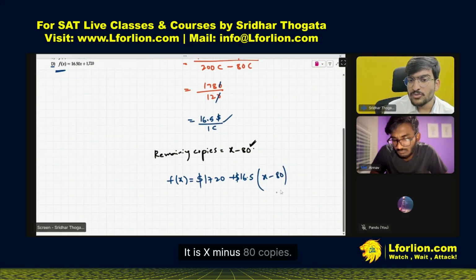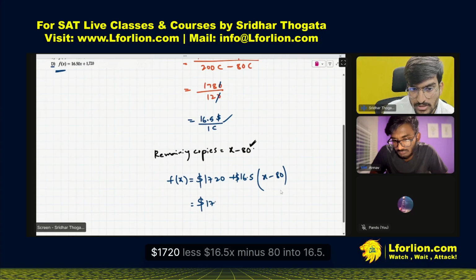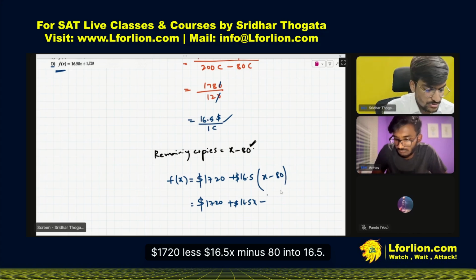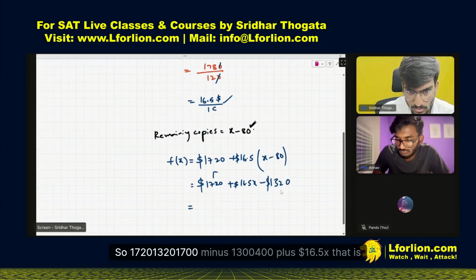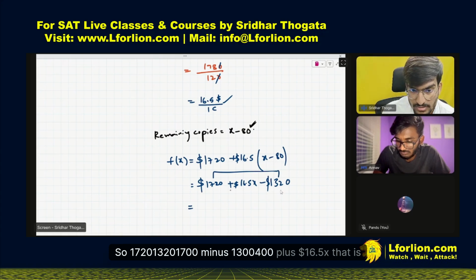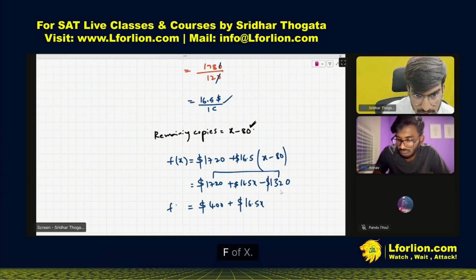Let me work it out: $1720 plus $16.5x minus 80 times 16.5. That's 1320. So 1720 minus 1320 is $400, plus $16.5x. That is f of x.